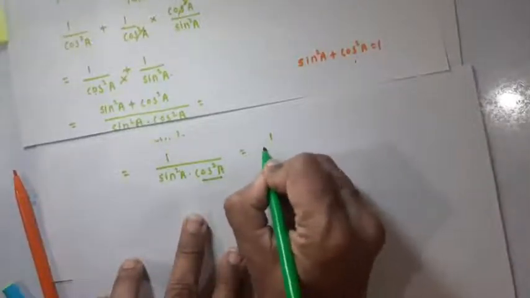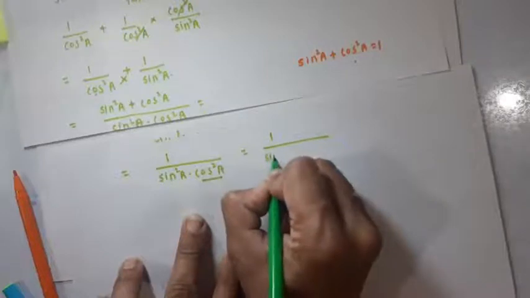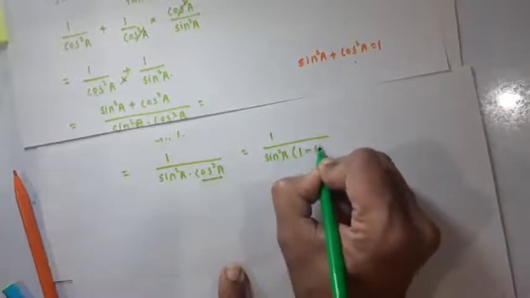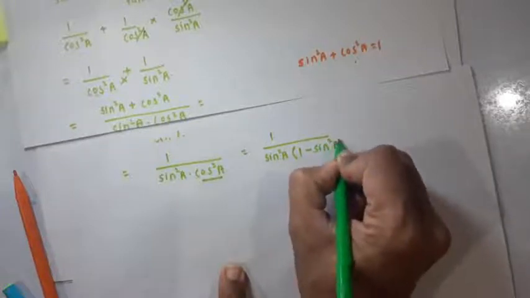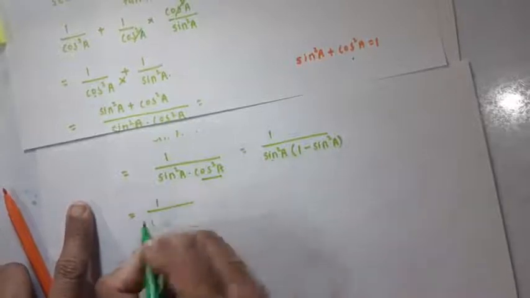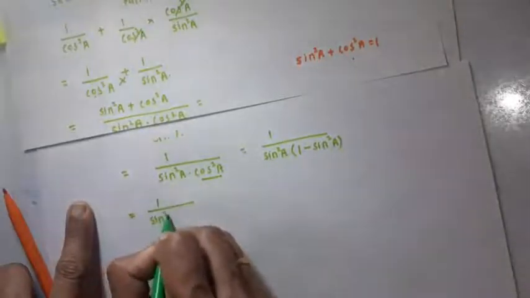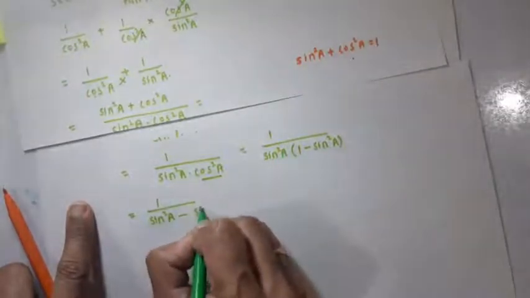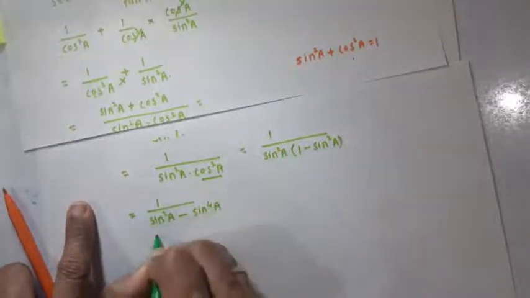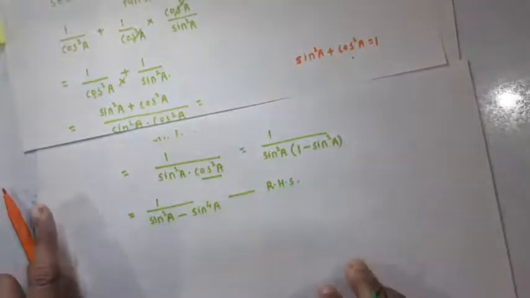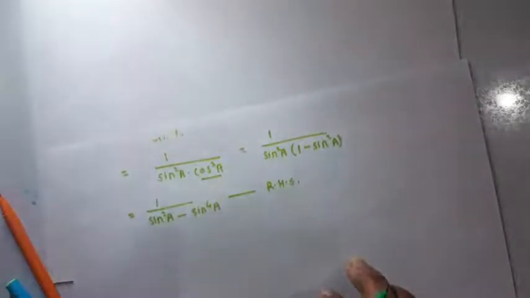This is 1 upon sine square A, and cos square A is 1 minus sine square A. This equals 1 upon sine square A into 1 minus sine square A, which is sine square A minus sine raised to 4A, which is the RHS, and hence we have proved. Okay, in this way.